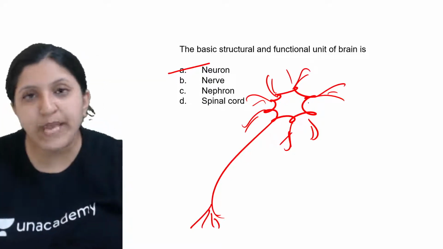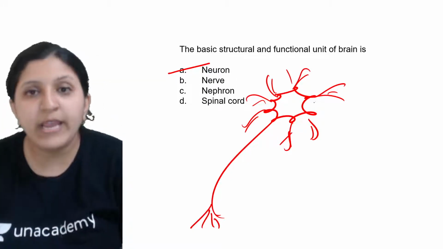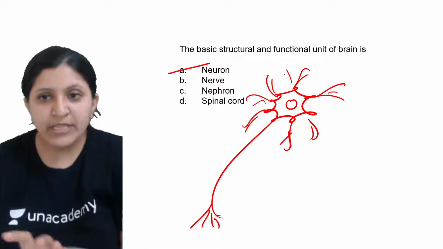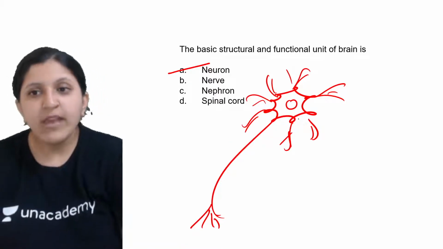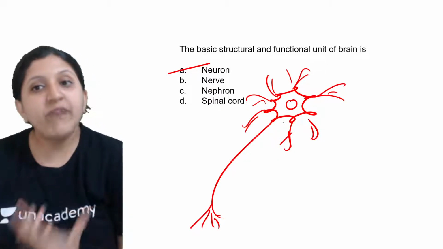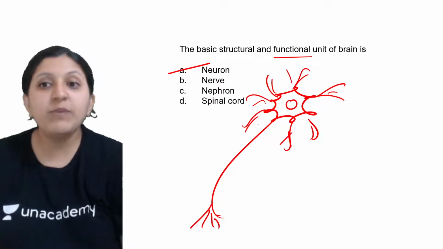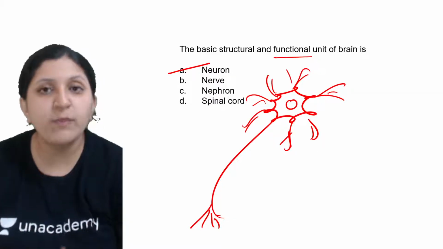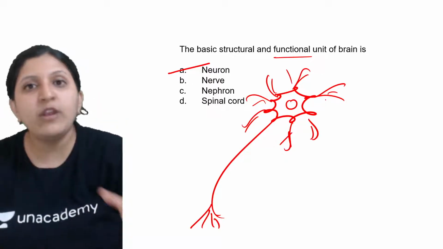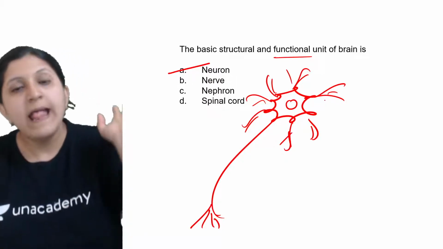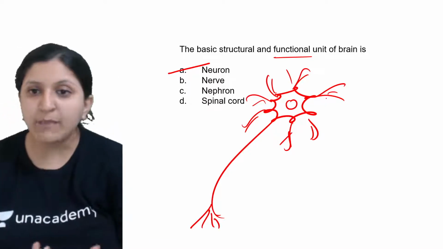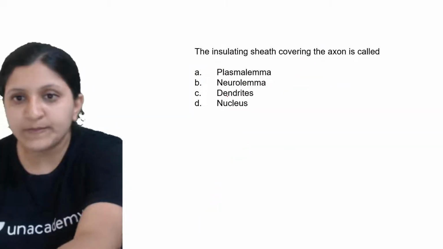The structure of the spinal cord and the brain is basically made of neurons, a group of these, so it is a structural unit. Why do we call it a functional unit? Because it performs the function of carrying the impulse from the receptor to the central nervous system and sending the impulse back to the effector so that the response can be obtained. So it is a neuron.